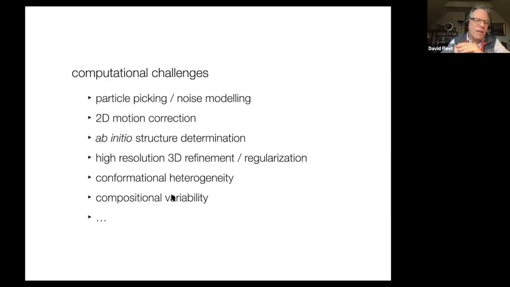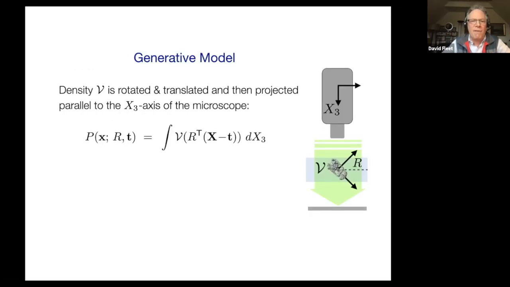And so everything I'm going to show you initially assumes rigidity, that all these particles are identical, just in exactly the same way we looked at epipolar geometry. And then what I'm going to show you later are some results where we assume conformational variability and compositional variability, where these particles vary from image to image. Okay, so that's basically what I'm going to show you over the next half hour.